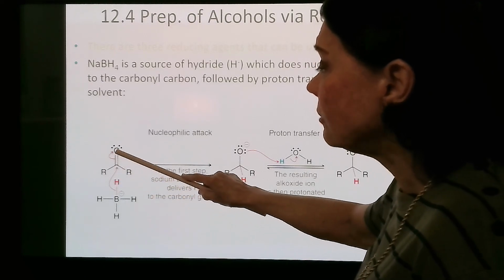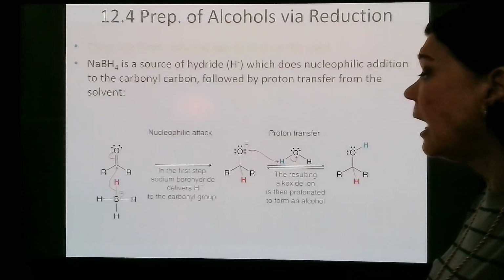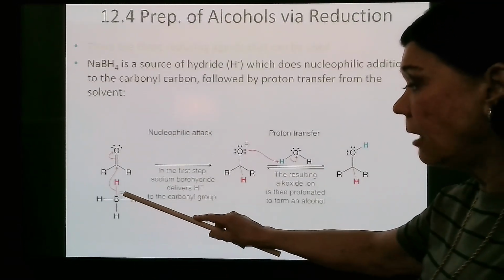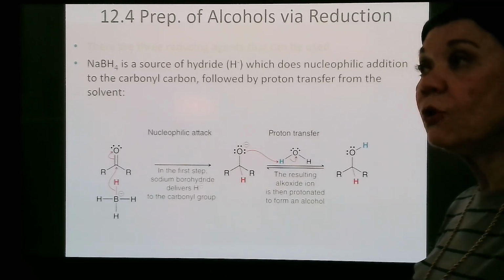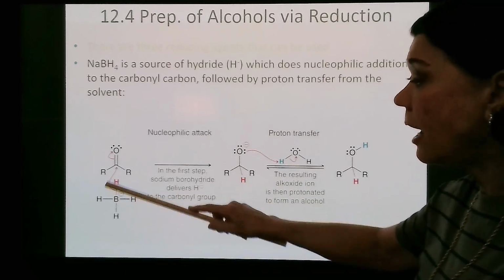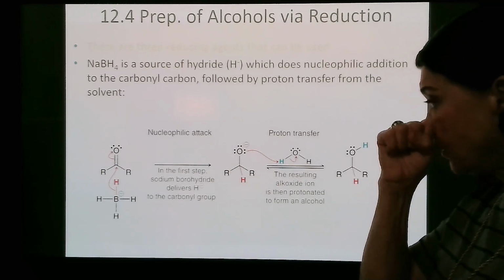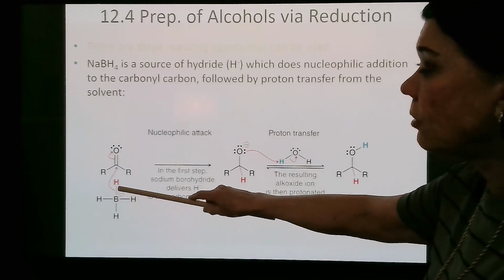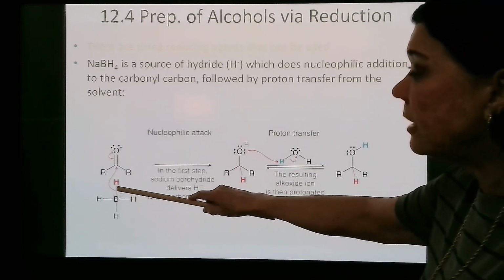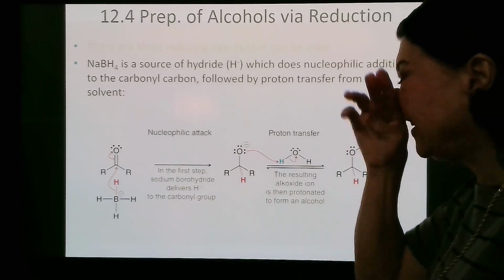The pair of electrons moves up to reside on oxygen. In this molecule, you consider boron as a metal. And whenever you have a metal hydrogen bond, the reaction occurs by the pair of electrons in the metal hydrogen bond doing the attack on whatever it is that it's reacting with.